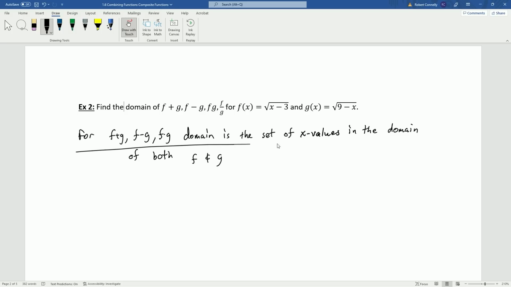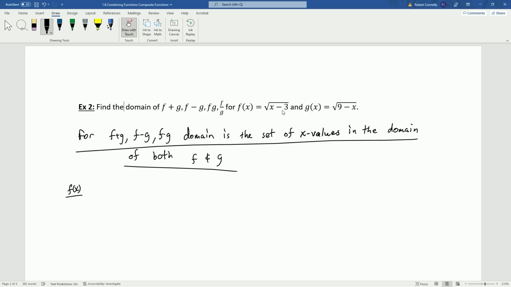That's the key thing here. So we just need to find the domain for each function individually, and then say, okay, which x values satisfy both of those domains? So first, let's look at f.